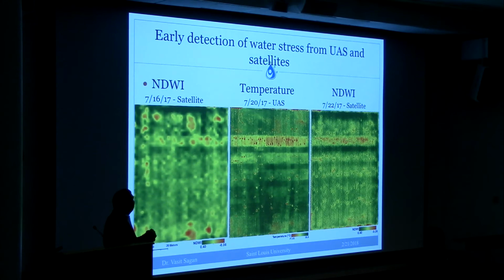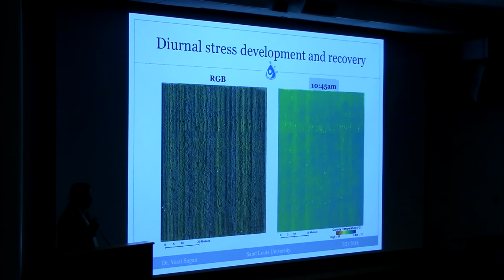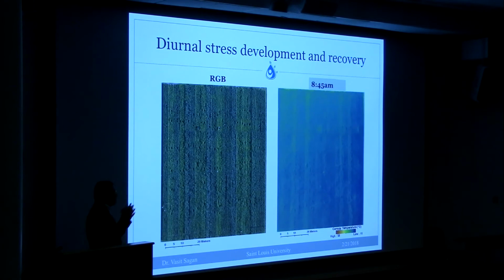And then the water stress index and temperature map from satellite, and then again the satellite imagery for that time frame. So we are able to capture that stress development and recovery within that week, and we have also done experiments from before sunrise to sunset, so we wanted to see how stress develops within a day, and if plants can recover or not.